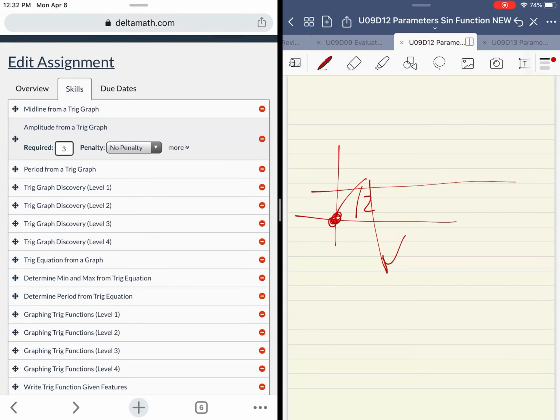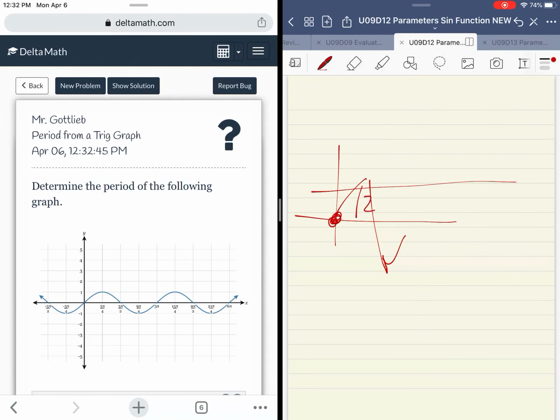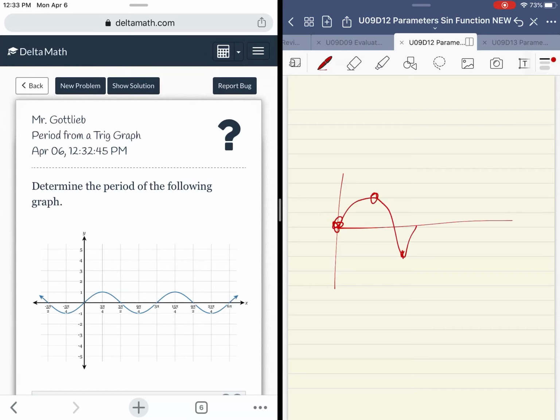Next, period. Let's take a look at the period. Is this a sine graph or a cosine graph? It's important to know. Looking at this graph, it starts in the middle because it goes up and then down, and it completes a full curve at 3 pi. So 3 pi is where the curve completes.